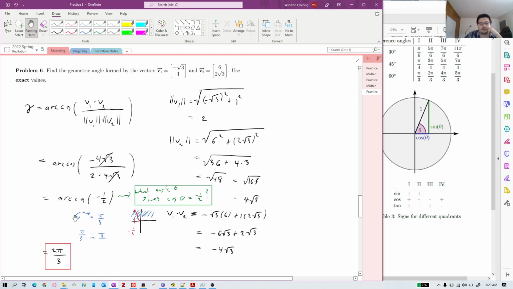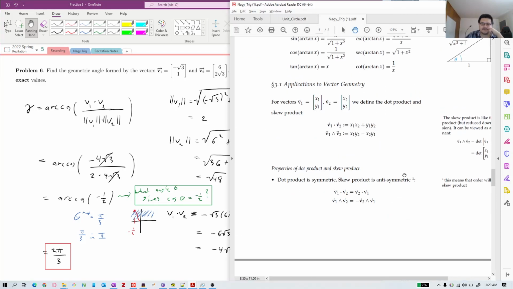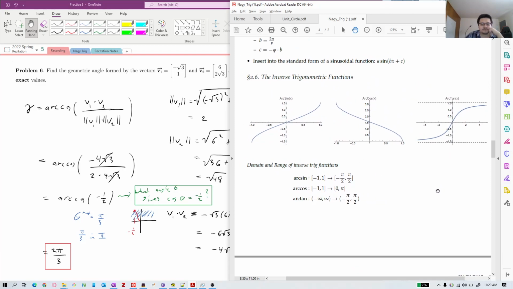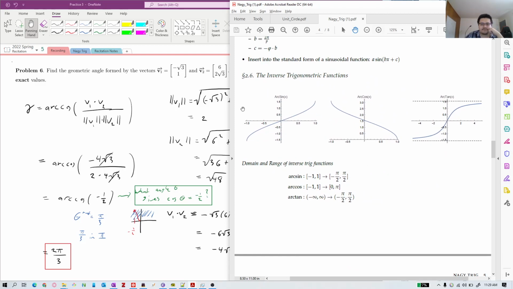Okay, but now think about the fact: what do we know about arc cosine? Well, we know that its range doesn't go to this third quadrant. That's why I've shaded in blue these two quadrants. This is the range for arc cosine, which is something I've also added to my notes. I've added some stuff on the inverse trig functions. So we have that the range for arc cosine is from 0 to pi.